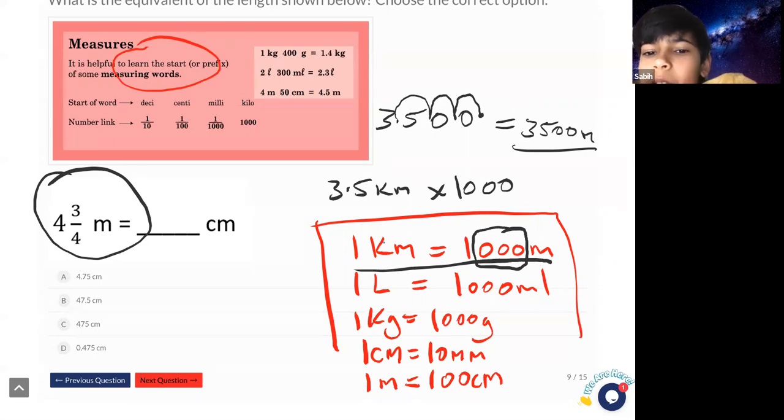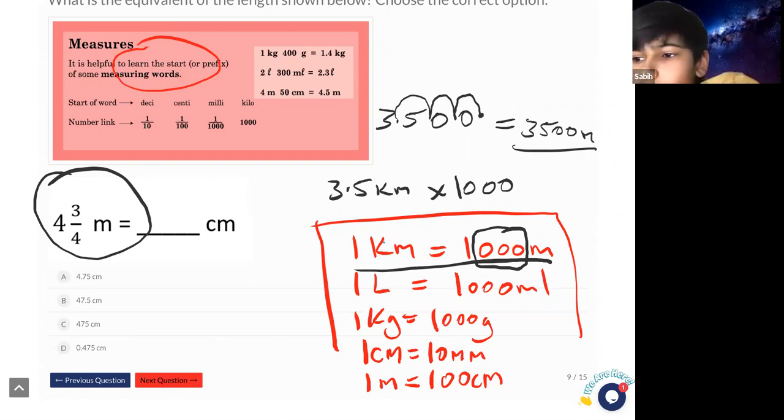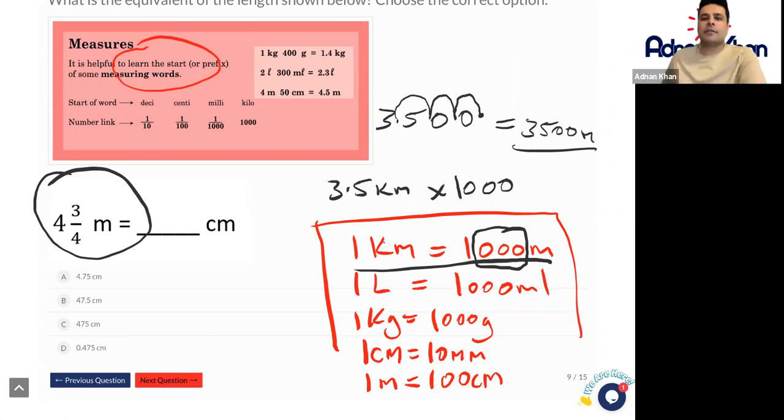So 400 add 75 is 475 centimeters. Well done. So 3/4 of a meter was how much? 75 centimeters. So you just add on the 75 centimeters onto 400 because in 4 meters there are 400 centimeters. So the answer will be 475 centimeters.